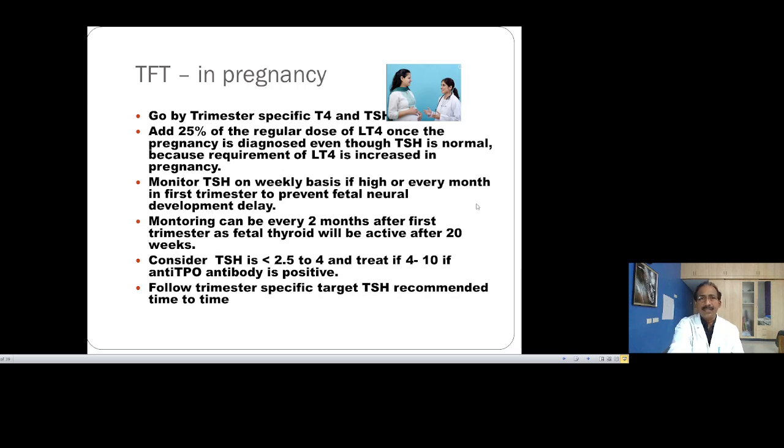And then monitor TSH on a weekly basis. If it's fine, do it every month for the first half of the pregnancy. Again, the first 3 months are critical for fetal brain maturity and neural maturity. So we have to put them on absolutely normal thyroid level in the mother.